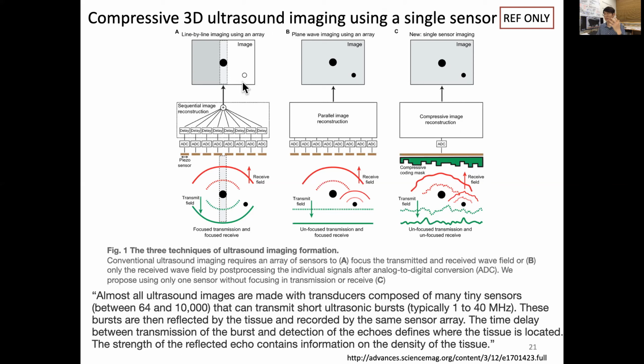ultrasonic images. There is also plane wave imaging using an array, which means we give the same phase of ultrasound, an unfocused transmission, and the structures give out reflections that are received, so that we can have parallel image reconstruction, which means we can do a total calculation, not line by line.